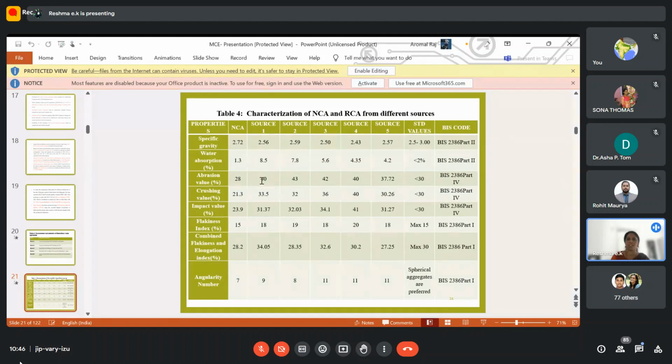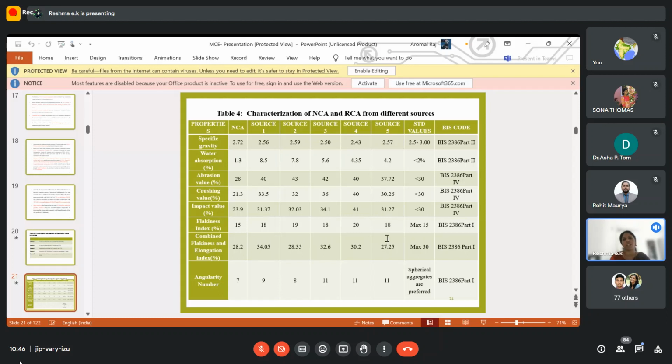IS 2386 part 4 is for all the mechanical properties. It says 30%, somewhere it is 30, some places it is 35. But all the values of sources 1, 2, 3, 4 are higher. Comparatively, I could say that the 5-year-old cement concrete pavement was giving better results.